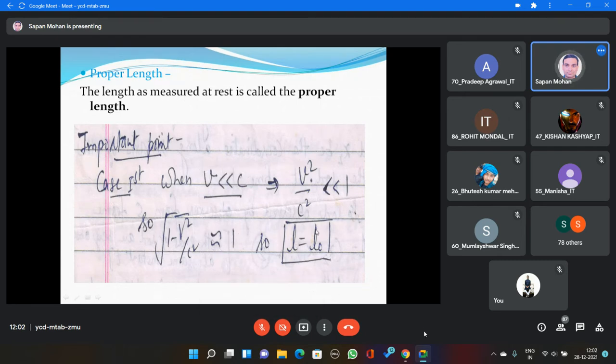So L will be equal to L naught. That case is called the classical case, when velocity is very much less than c. Then the length will be the same, the measurement will be the same. Clear?